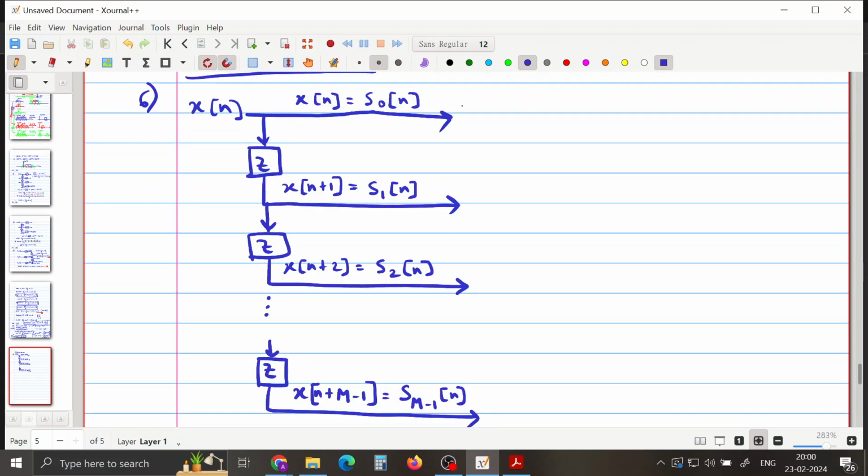This whole thing is fed to a DFT matrix.